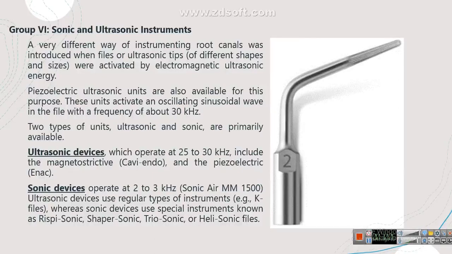Two types of units, ultrasonic and sonic, are primarily available. Ultrasonic devices which operate at 25 to 30 kilohertz include the magnetostrictive Cavi-Endo and the piezoelectric EMS, and sonic devices operate at 2 to 3 kilohertz, such as the Sonic Air MM1500.